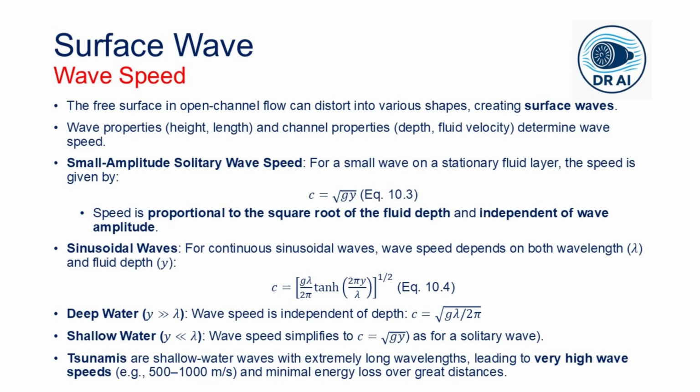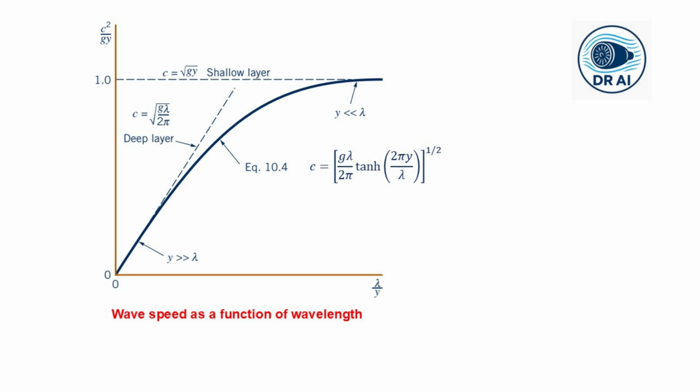Look at this particular figure. There are two scenarios. The deep water or short wave case, where y is much greater than lambda, and the shallow water or long wave case, where y is much less than lambda. I will explain both of them one by one.